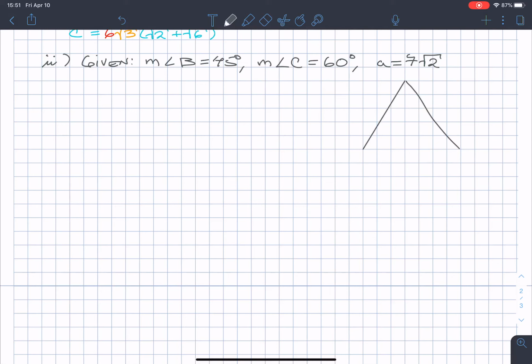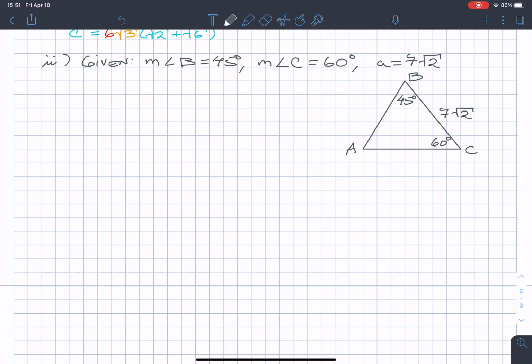45 degrees, 60, something like so. Okay, so let's call this A, B, and C. I'm given that the measure of B is 45 degrees, the measure of angle C is 60 degrees, and that side length A is 7 times the square root of 2.